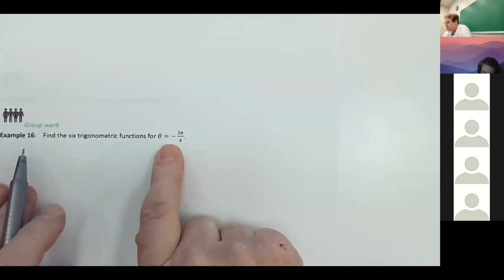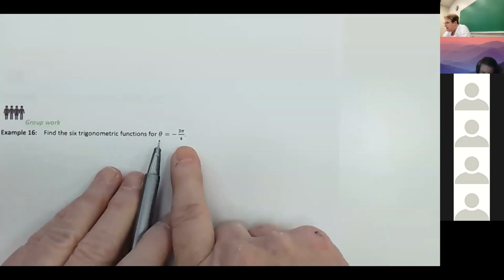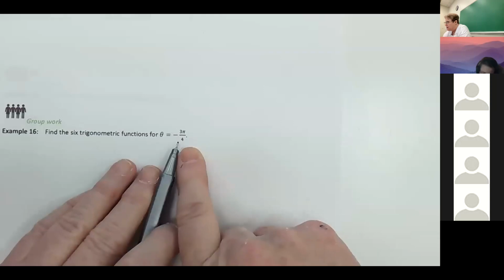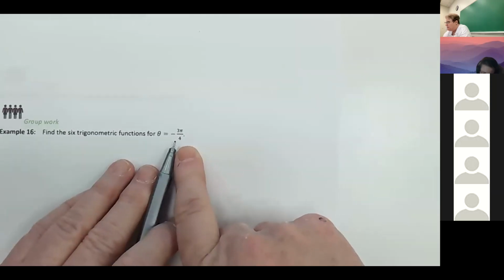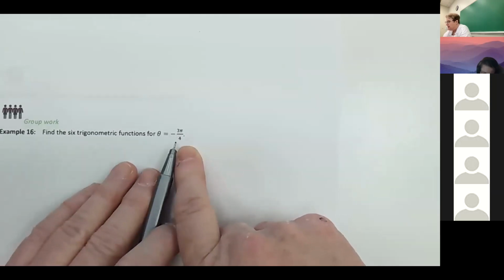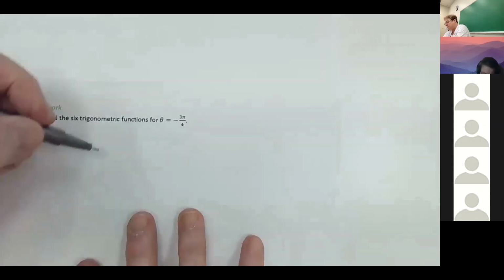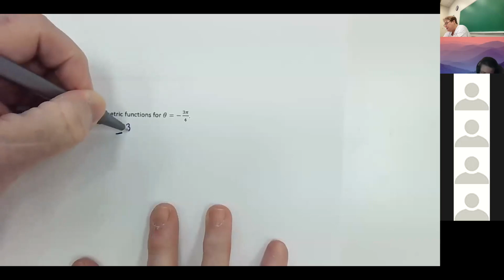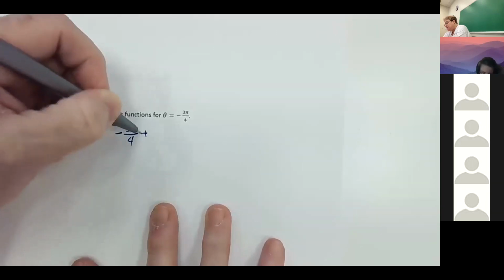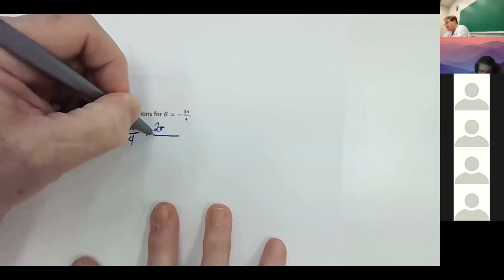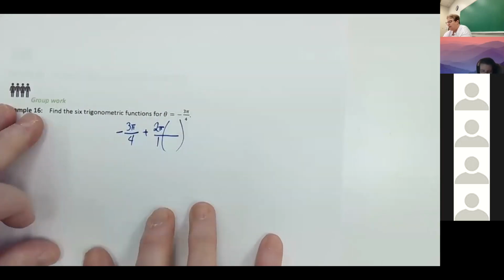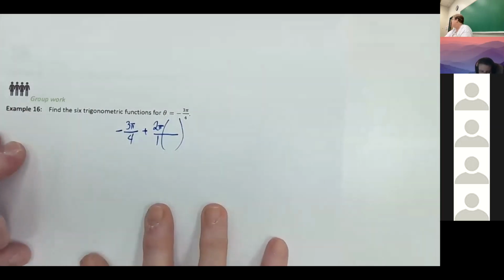So in this next example, theta is negative 3 pi over 4. Well, to see where that angle actually is, I need to add 2 pi. So I've got negative 3 pi over 4 plus 2 pi over 1. And what is the common denominator?